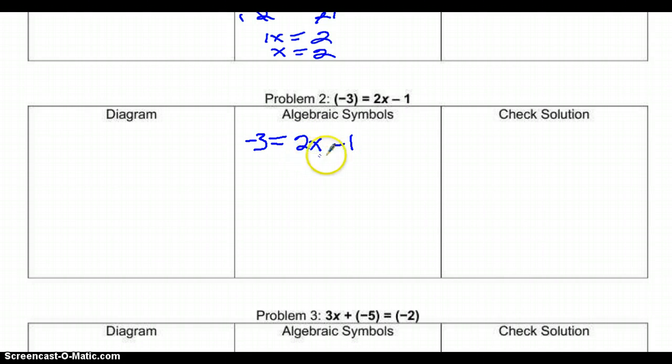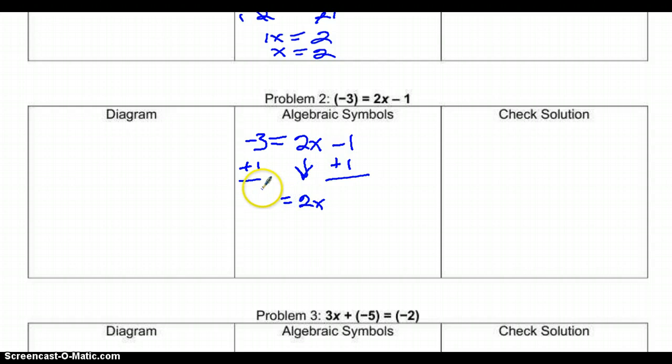So again, I am looking at the side with the variable. The variable is being multiplied by 2, but the last thing is being subtracted by 1. So my inverse of subtracting would be to add 1. I'm going to do that to both sides, bring down my 2x, and that's going to give me 2x.